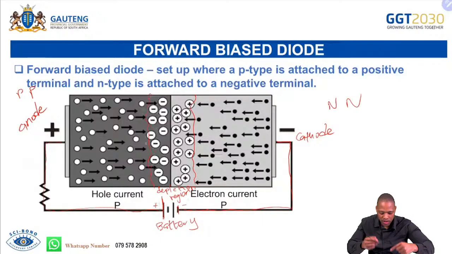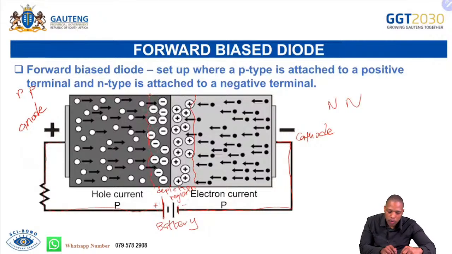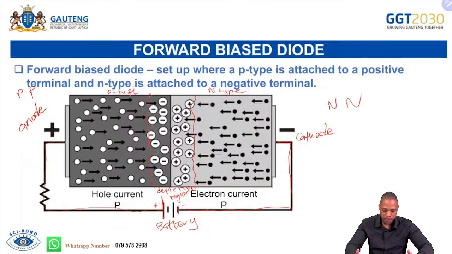So if something or someone comes and pulls these electrons, they start moving, because their problem was that they were stuck here, they were not moving forward. So once they start moving, they start allowing more and more electrons to move across from the N type semiconductor to the P type semiconductor. That's the aim. We want electrons to be moving from the N type semiconductor to the P type semiconductor.